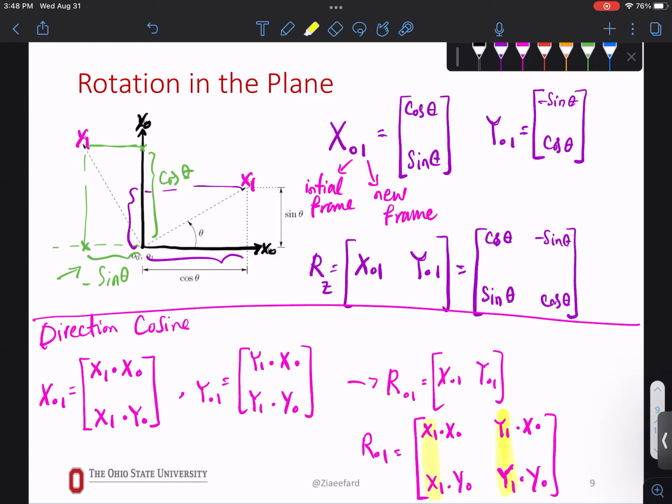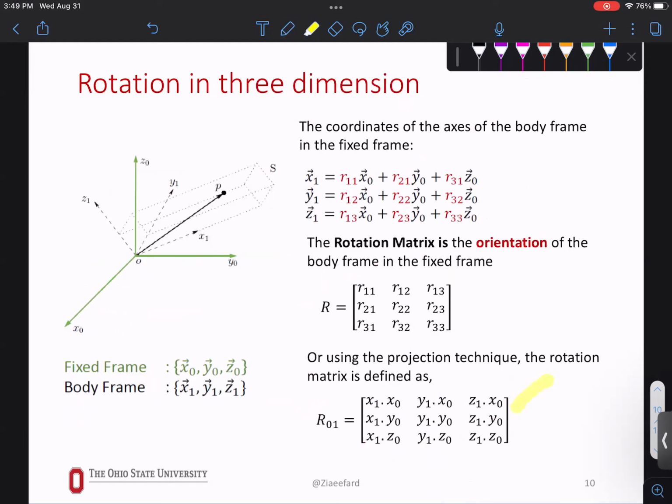The first vector in the column remains the same. It's the axis that you're trying to find where it landed. The second always changes. It's the axis in your initial frame. Now, if it's in 3D, you're going to have x1 dot z0, y1 dot z0, and then you have z1 dot x0, z1 dot y0, z1 dot z0, which is this.